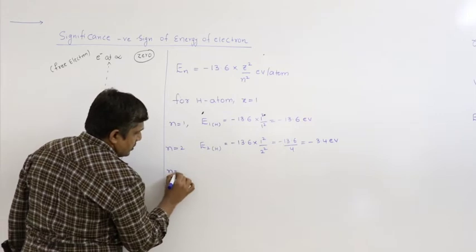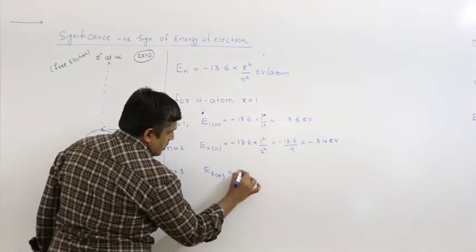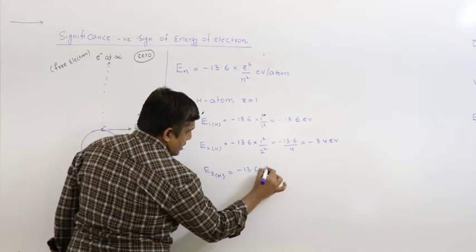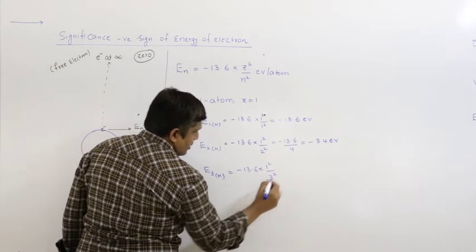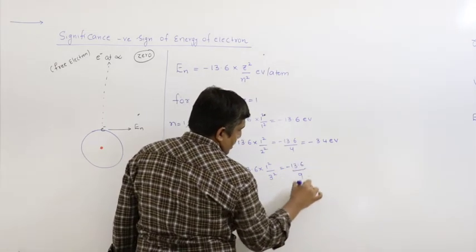For n equal to 3, the third orbit, E3H equals minus 13.6 into 1 square by 3 square, which is equal to minus 13.6 by 9.